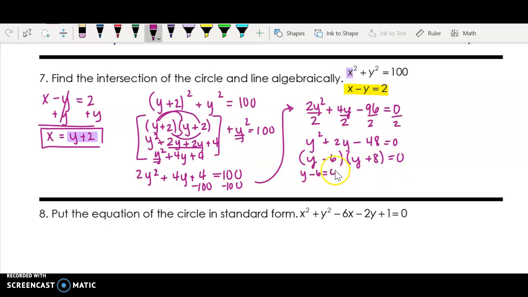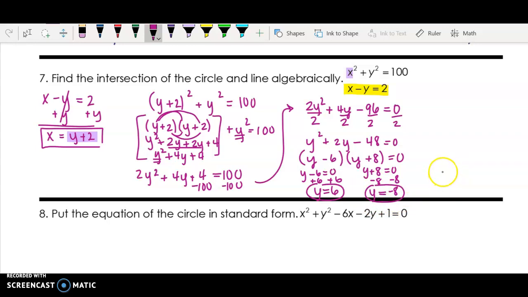Y minus 6 equals 0. I would add 6, and that would give me y equals 6. For one of the points, I'm going to have a y coordinate of 6. And then for y plus 8 equals 0, I'm going to subtract 8, and I'll get y equals negative 8. So that'll be the y coordinate of my second point.